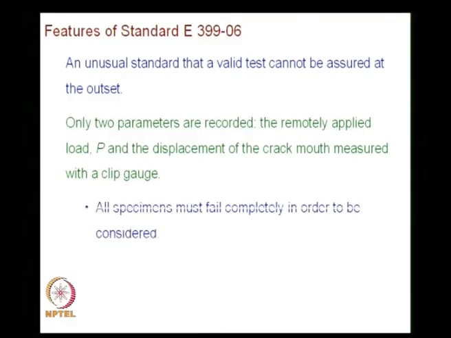The actual test is done by monotonic loading. You do not vary the force cyclically, you gradually apply it monotonically. How gradual, that is also dictated by the code. And we have also noted that all specimens must fail completely in order to be considered.